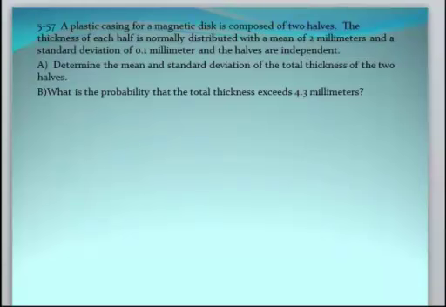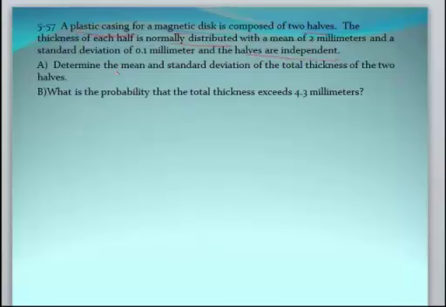So for this particular example, we have a plastic casing for a magnetic disc, and it has two halves. The thickness of each half is normally distributed with a mean of 2 millimeters and a standard deviation of 0.1 millimeter. The halves are independent.